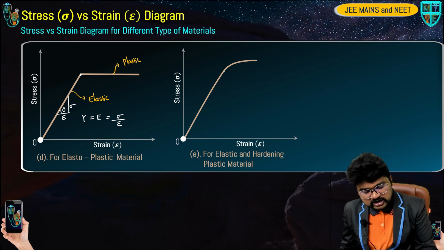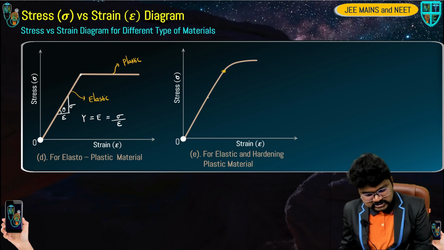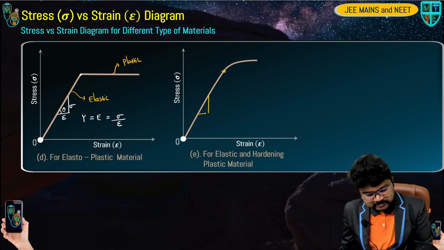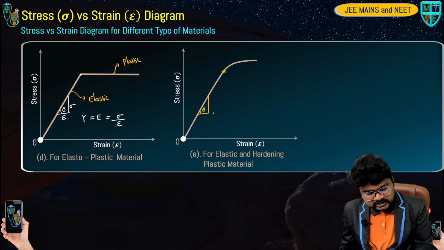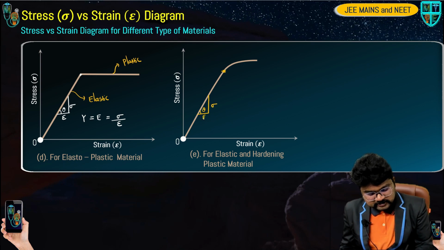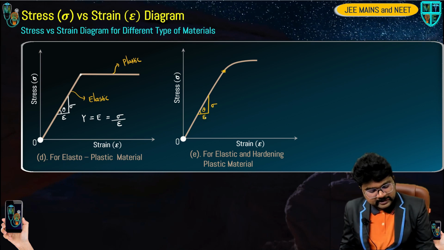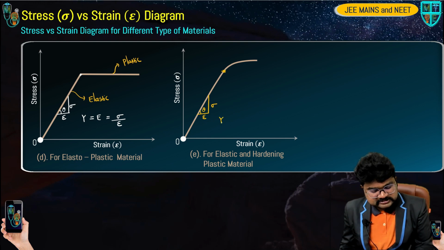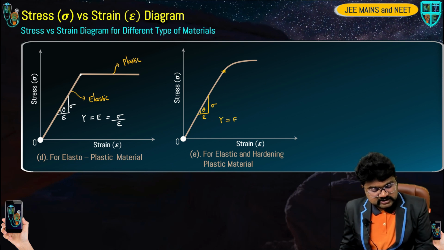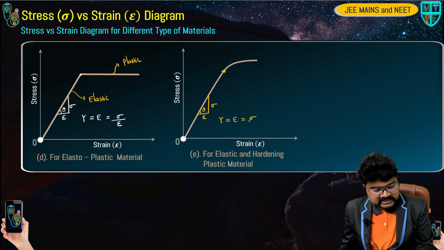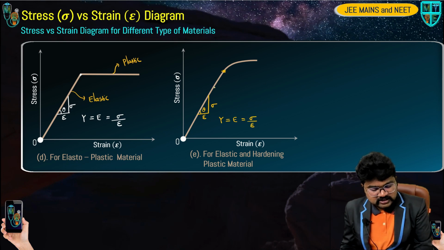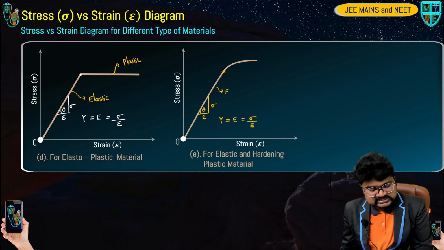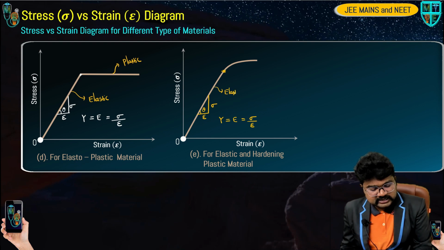Next, coming to elastic and strain hardening plastic material. Up to here, constant slope. Slope is constant, so tan theta equals sigma by E. Up to here it is elastic material.